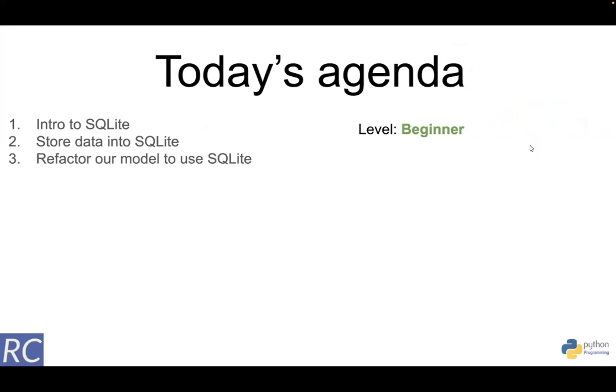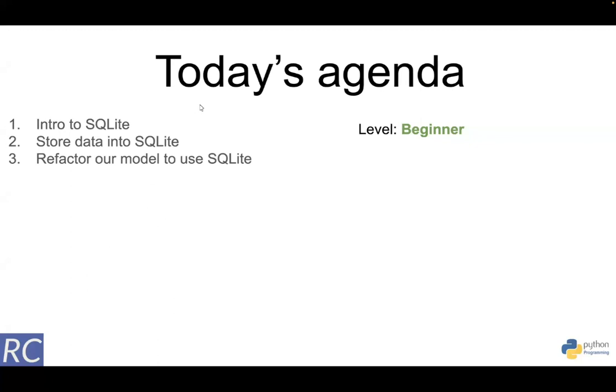So today's agenda is going to be an introduction to SQLite. Now, the application that we have, which is the Twitter clone application that we are trying to build here, currently does not have a database. So we're going to introduce SQLite to it today and store all the data in SQLite. At this point, we're storing all the data in an array, which is a Python array.